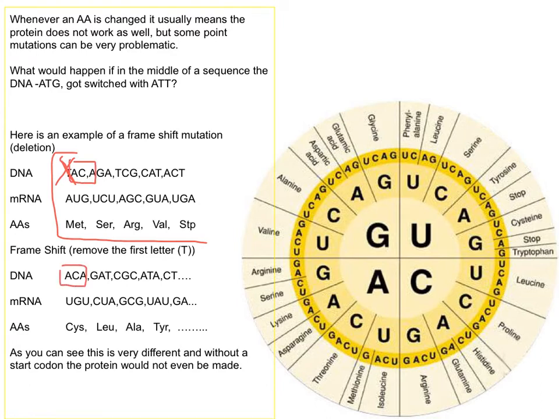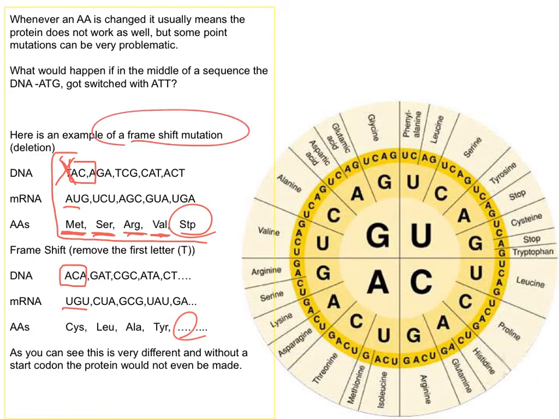So we'd end up with ACA and UGU, not AUG. Well, if that were the case, not only would you have the wrong first amino acid, you'd end up with the wrong second, the wrong third, the wrong fourth. Additionally, you wouldn't even end up with a stop mutation here, right? You could end up with something else, and the protein could go on.